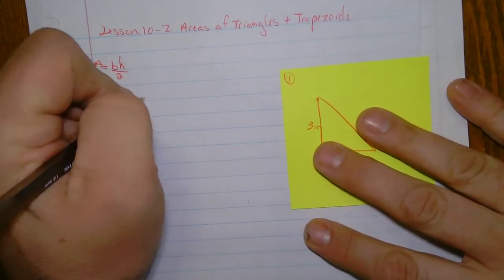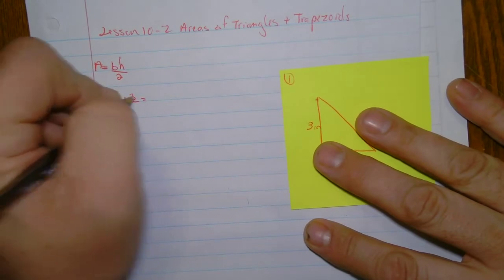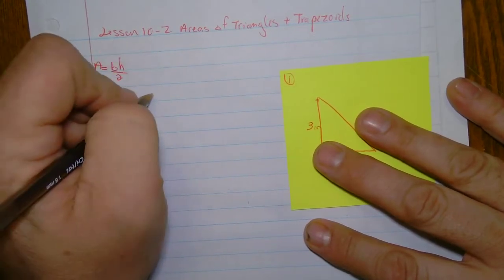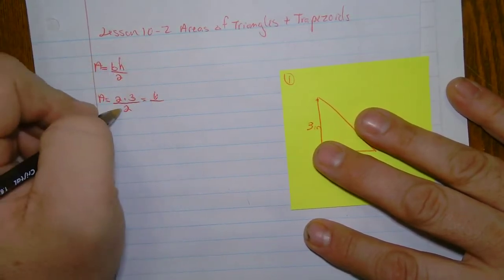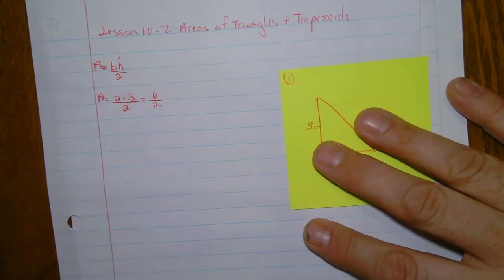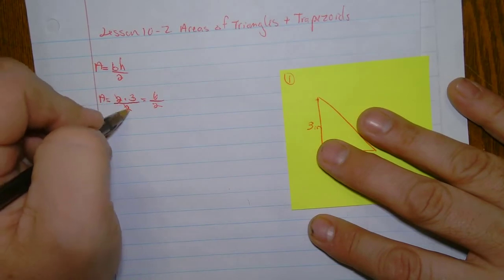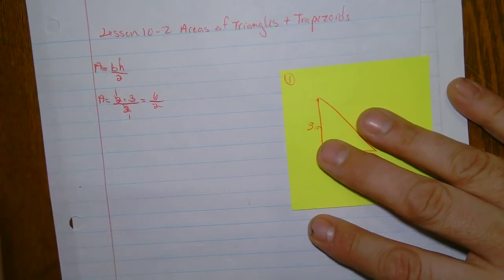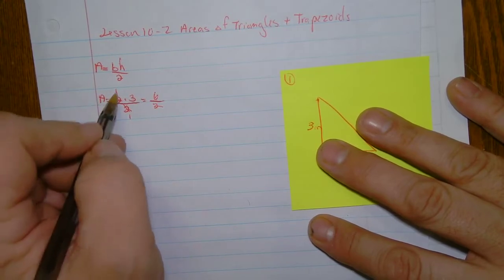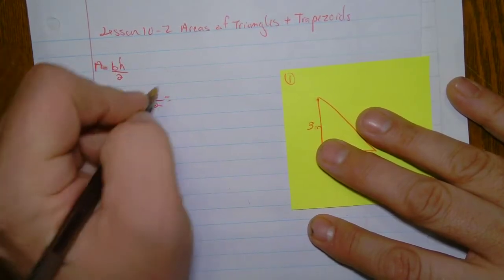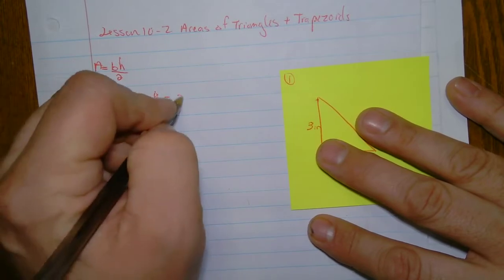If we multiply across the top, we get 2 times 3, which is 6, and then divided by 2. Now some of you are like, hey, Mr. K, can I just do this? Sure. If you can think of that, go ahead. 1 times 3 gets us our answer, which is 6 divided by 2, which is 3.